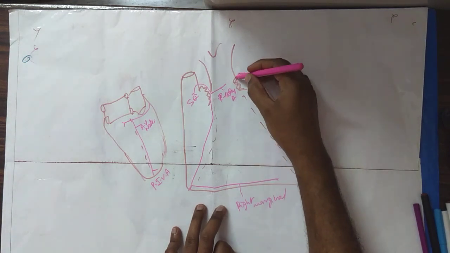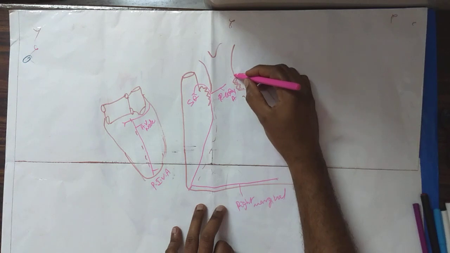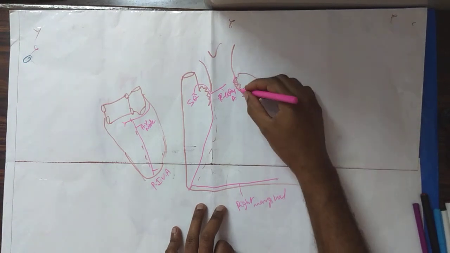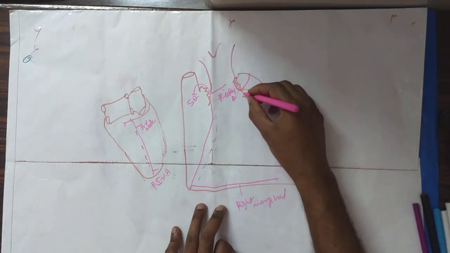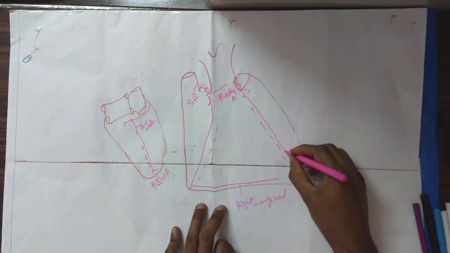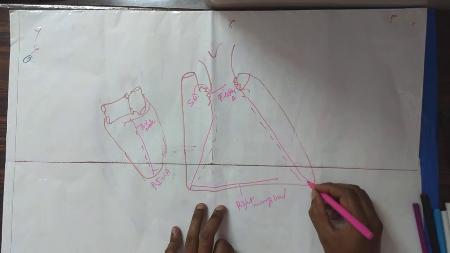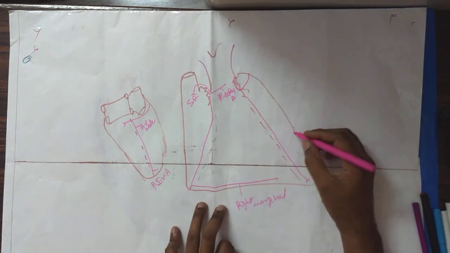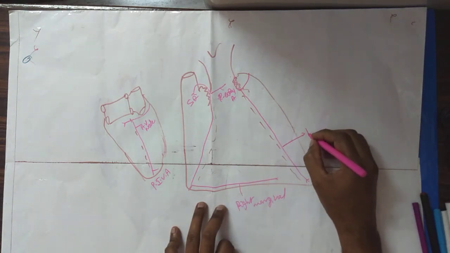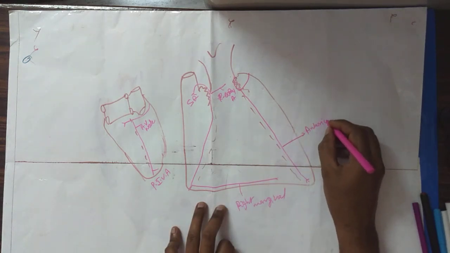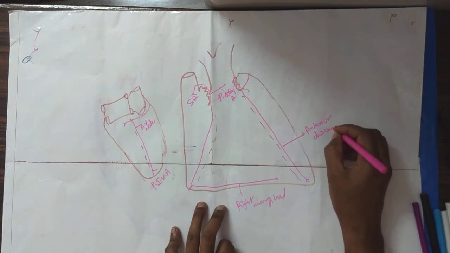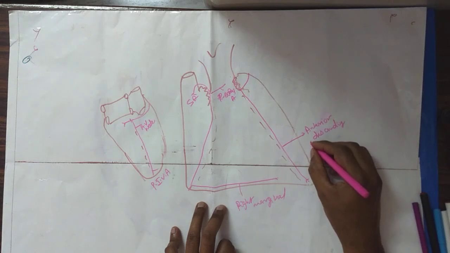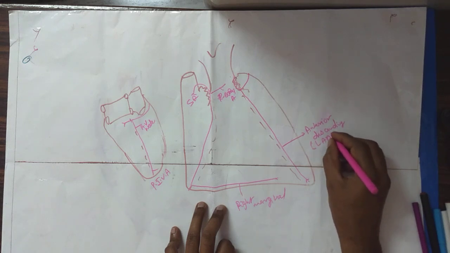Then from the left coronary artery, it comes between the pulmonary trunk and your left auricle. From there, it gives the circumflex branch and the anterior descending branch, which goes till the apex, and from there it anastomoses with the posterior interventricular artery. This is your anterior descending branch, or anterior interventricular branch, shortly called LAD.